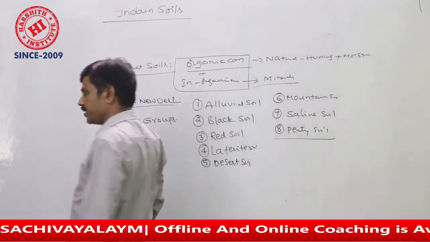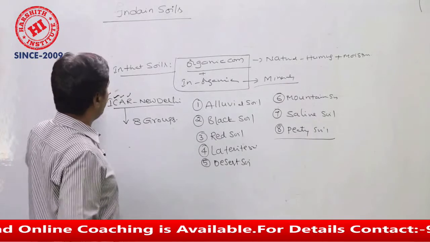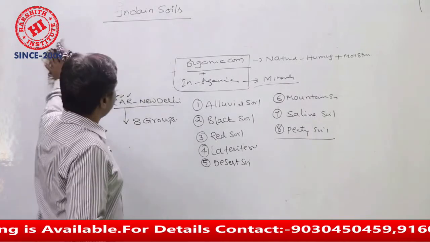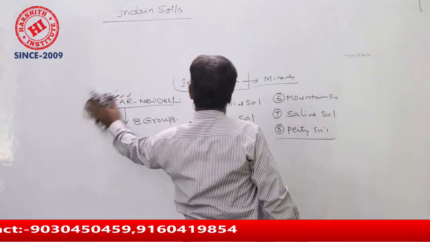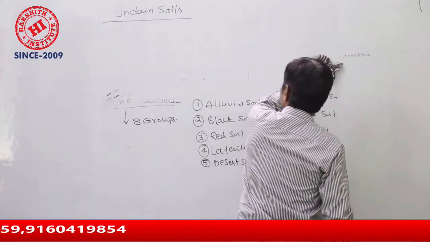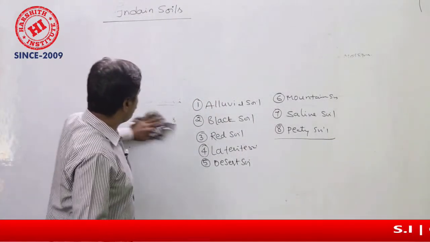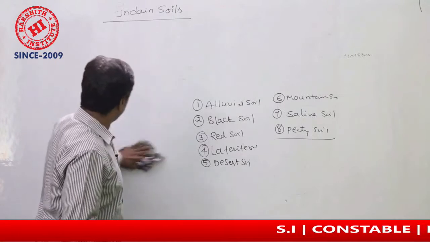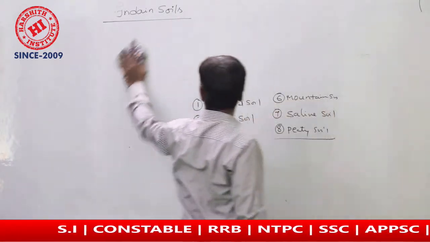They are divided on the basis of soil fertility into 4 groups. Right, so from the 8 groups of soils, the highest fertility soil is alluvial soil.